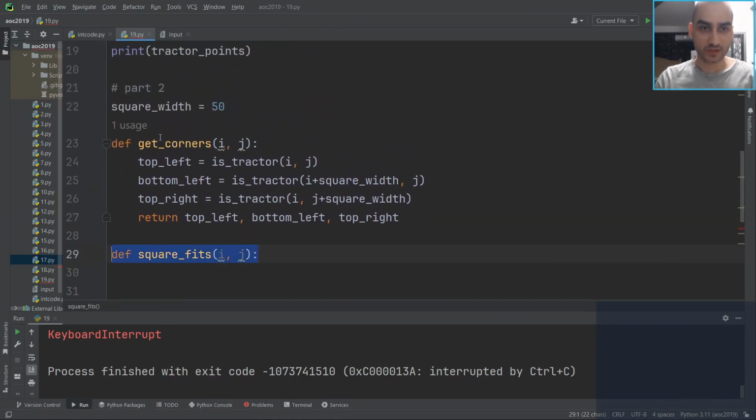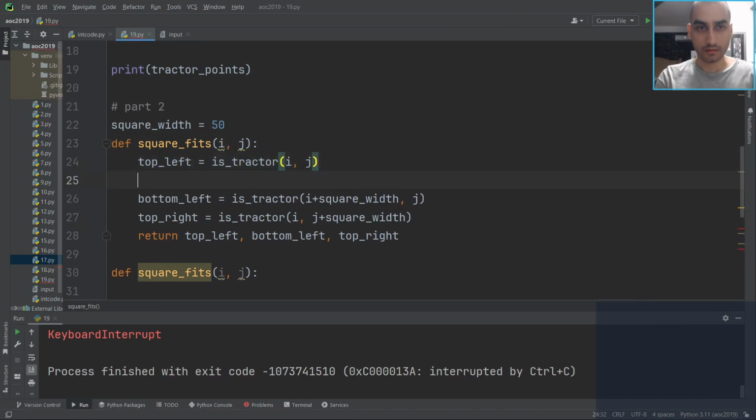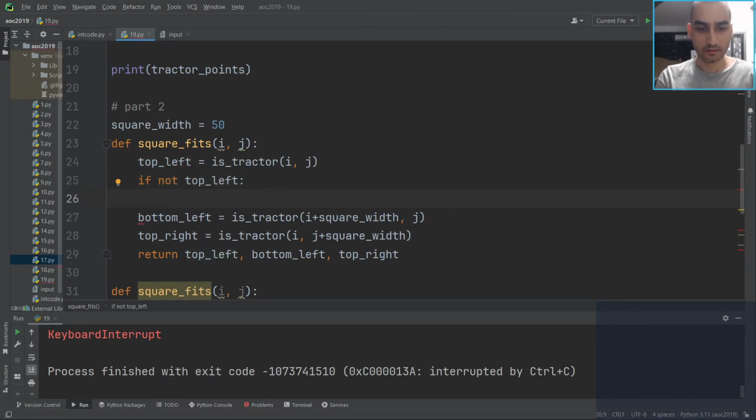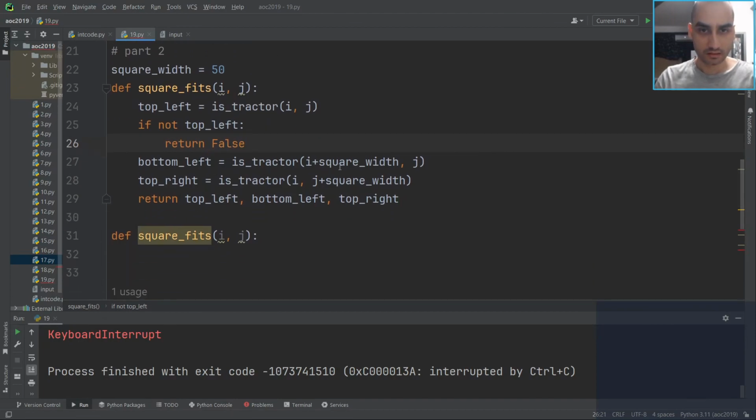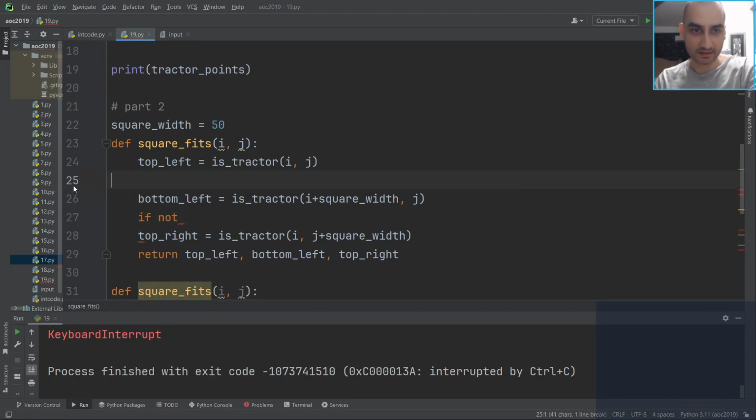I mean, do we care about getting the corners? Let's just say square fits, return, say if not top left, return false. That cuts out having to do another if not bottom left. Or should we just... Come on, let's just make this a bit cleaner.